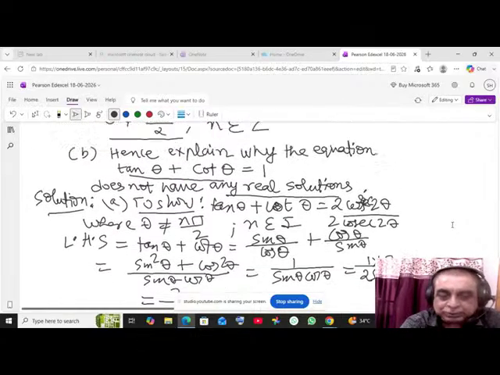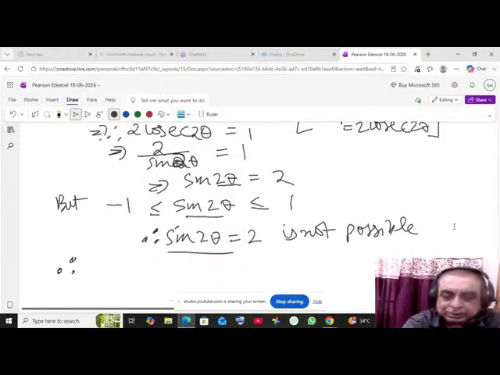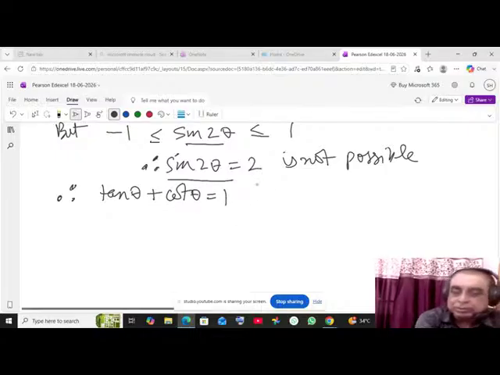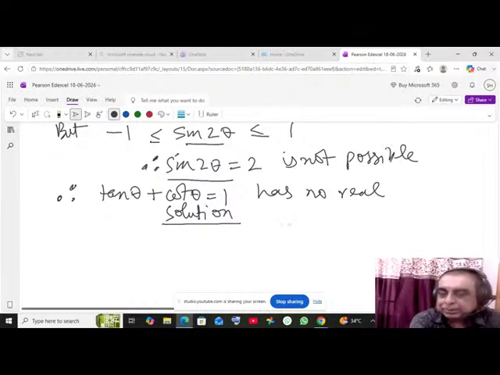So the given equation, tan theta plus cot theta value is 1, has no real solution. That means there is no such value of angle theta which will satisfy this equation. So it is proved.